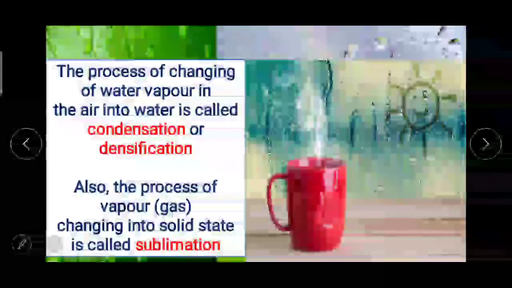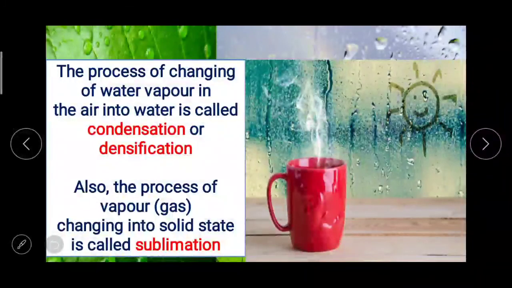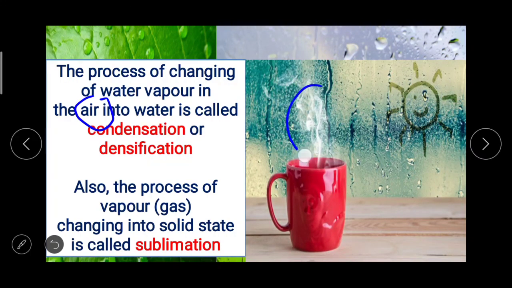Next point, the process of changing of water vapor in the air into water is called condensation or densification. Water vapor air में water में change हो रही है, that is called condensation or densification.